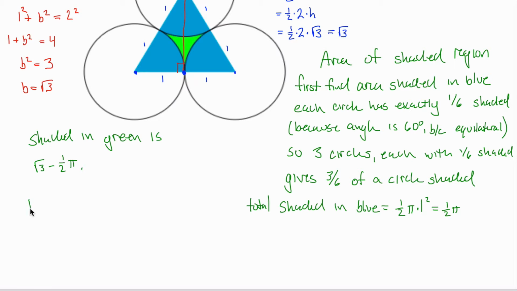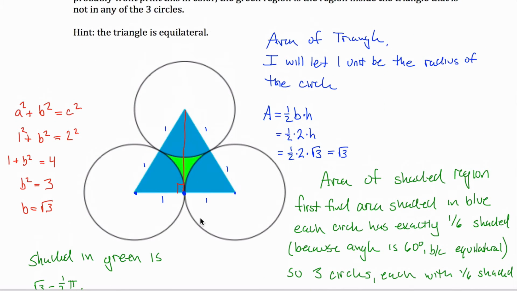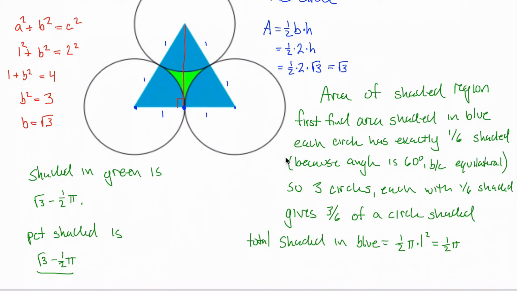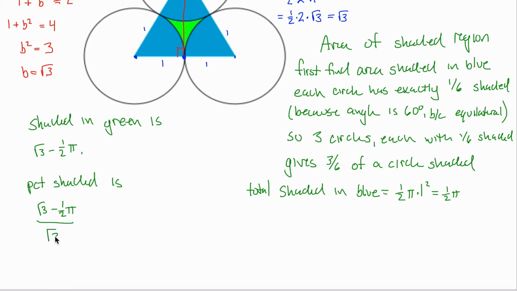And so the percent shaded is this amount that's shaded in green, square root of 3 minus 1/2 pi, divided by the area of the triangle, which we said was the square root of 3. So whatever this number ends up being, maybe I'll pull out a calculator. Into a calculator, and I got approximately 0.093 or 9.3%.